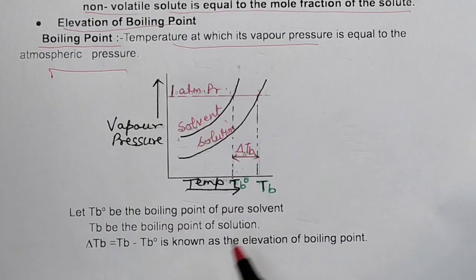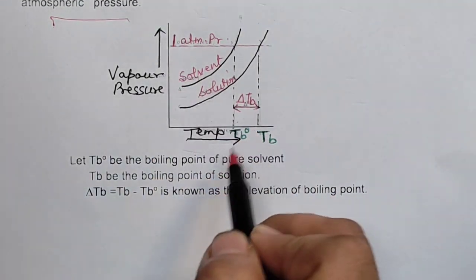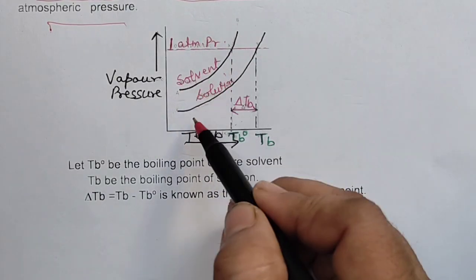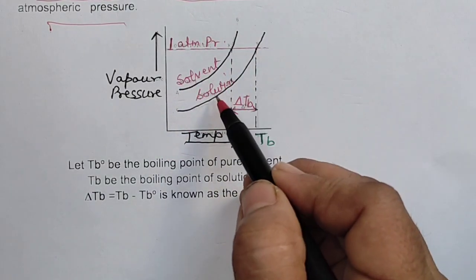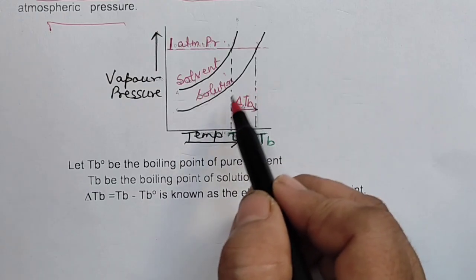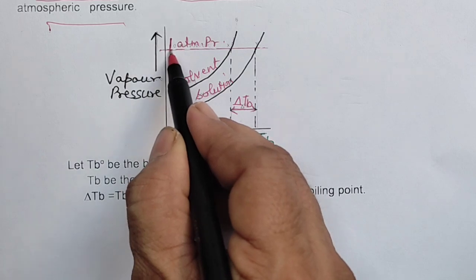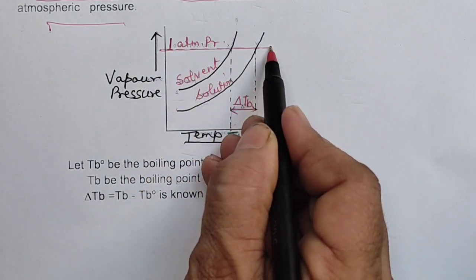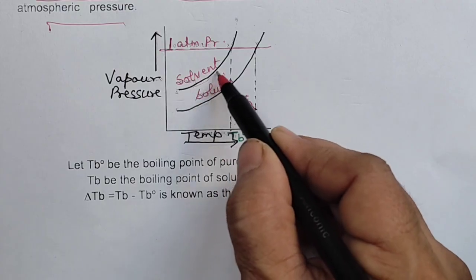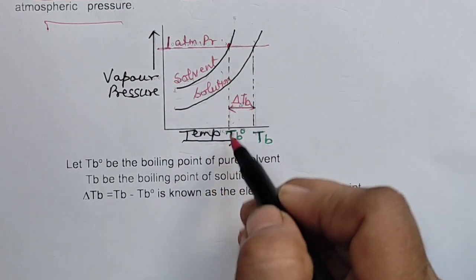Let's understand with a graph. Suppose we draw a vapor pressure and temperature graph. This is for the solvent and the lower one is for the solution, that solution which is formed by adding a non-volatile solute to that solvent. And this is the atmospheric pressure. So that temperature at which the vapor pressure of the solvent becomes equal to this atmospheric pressure is called TB naught.